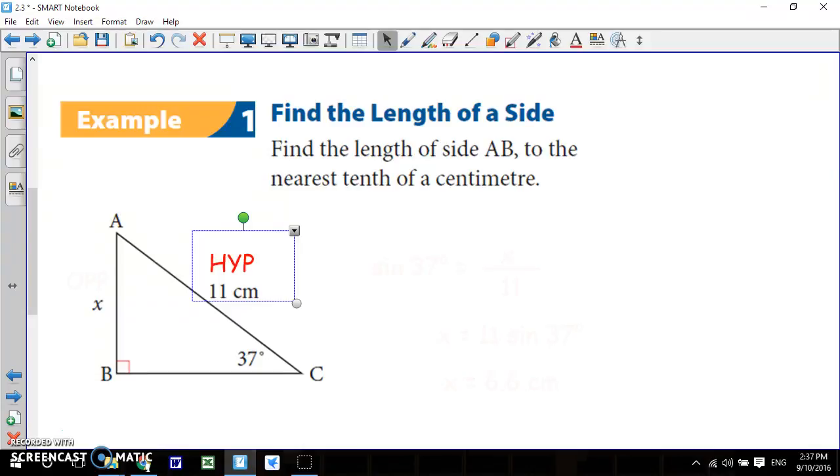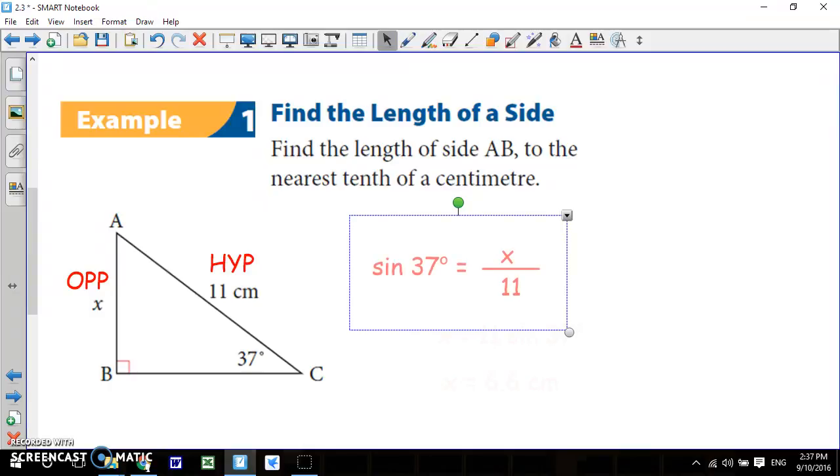X is side AB, across from the 37-degree angle, so this is the opposite side. So let's think: O over H, opposite over hypotenuse, is sine. So we can now write sine 37 degrees is equal to X over 11.